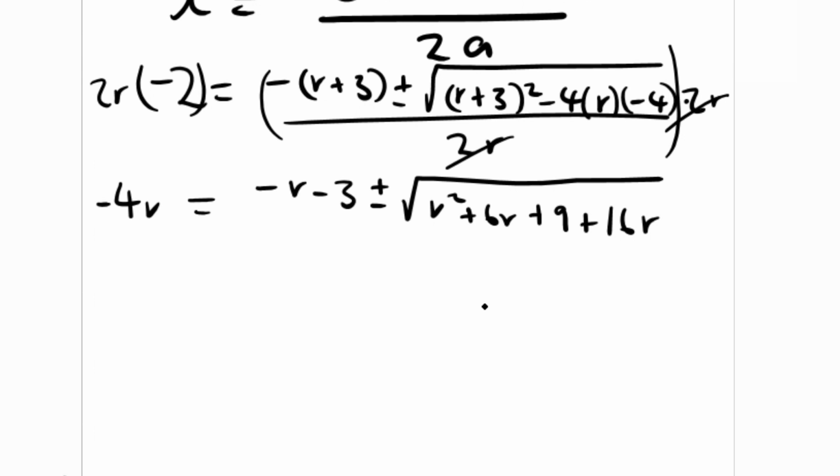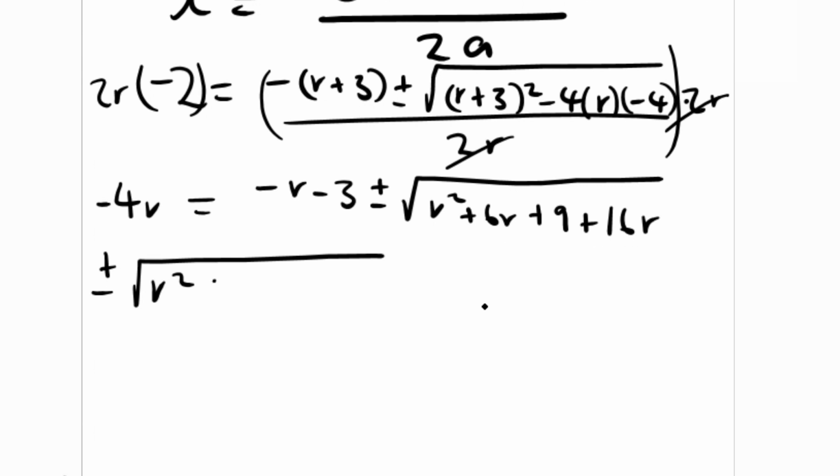And then from here, we can take the plus minus the square root to the other side, and then bring the minus 4 to this side, okay? Let's do that. When we do that, we get the plus minus the square root on the other side, the square root of r squared plus 6r and 16r, that's 22r.